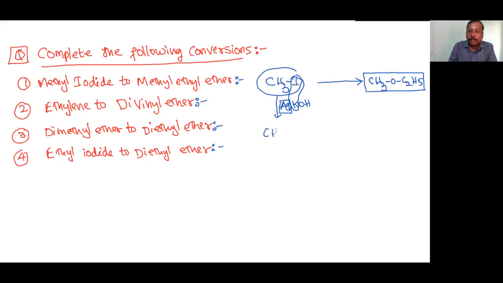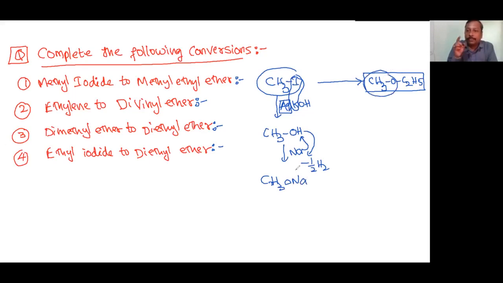Okay, so this will be CH3 and in place of iodine, there will be OH. Now if I put sodium, then sodium being more metallic than hydrogen, hydrogen will come out as minus half H2, then it will be CH3ONa.